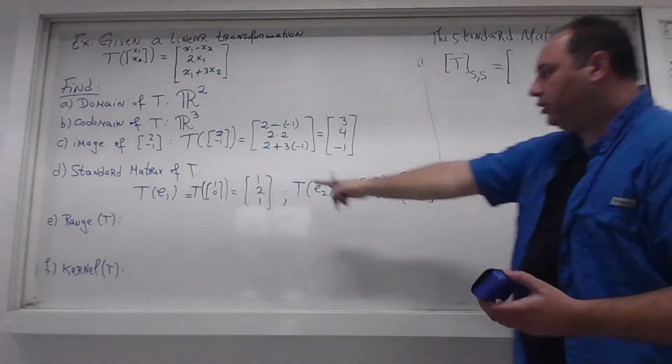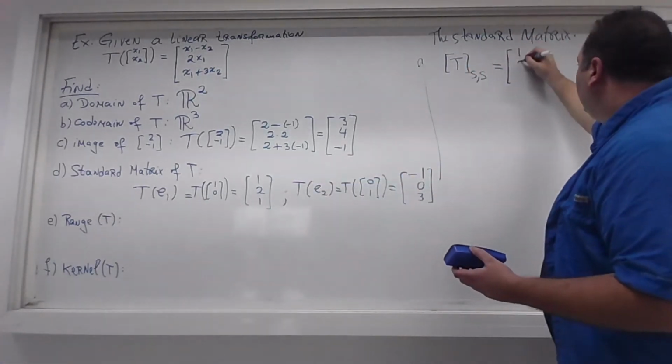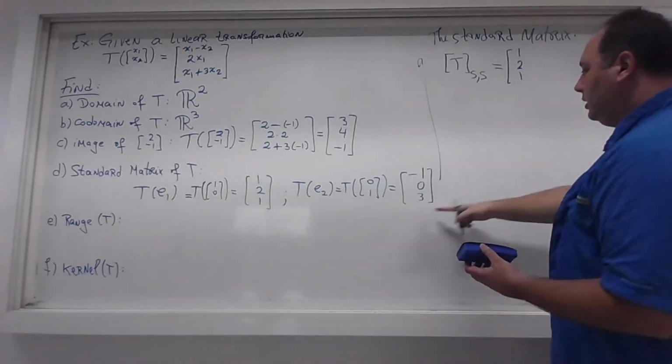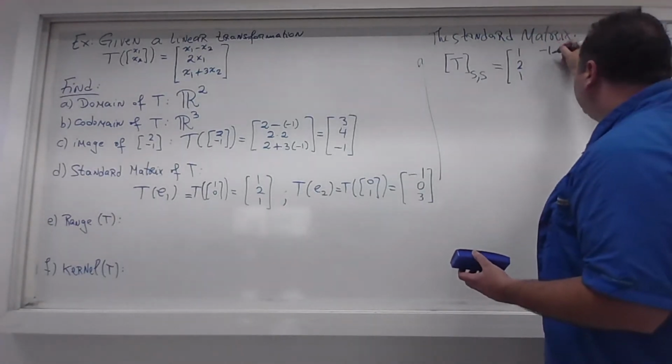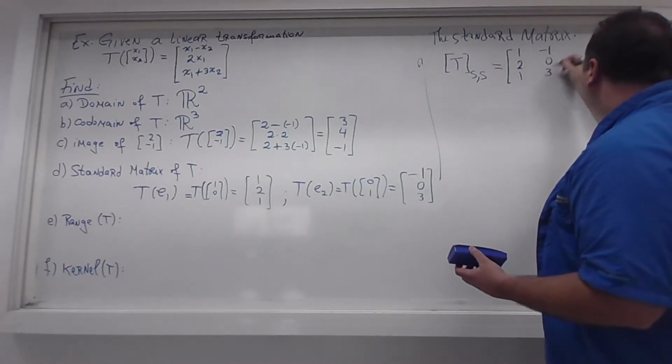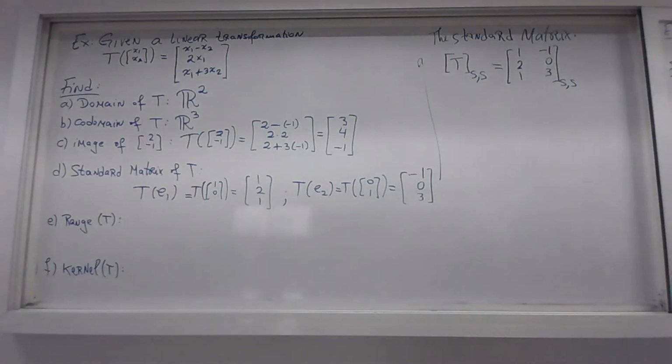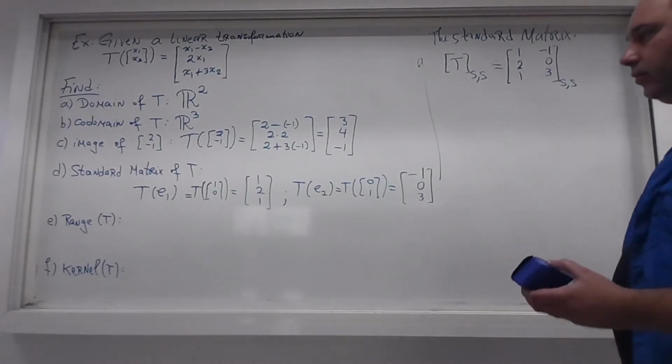So I get the first column is the image of the first basis vector. Second column is the image of the second basis vector. Okay, so that's my standard matrix associated with the transformation T.